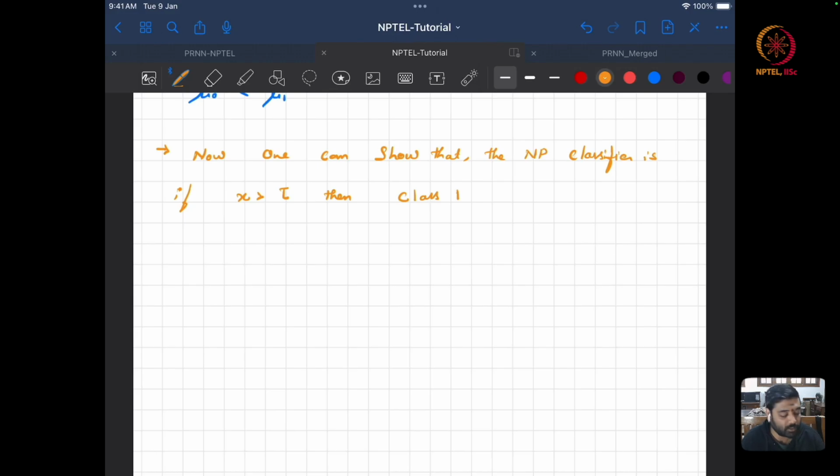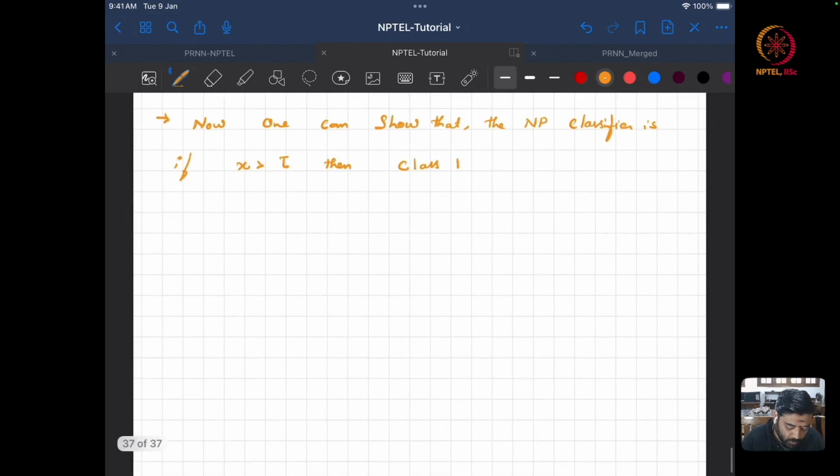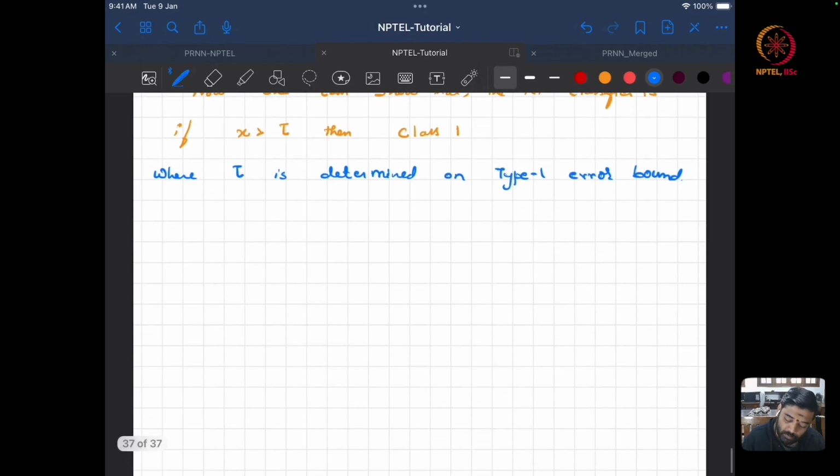Now, how do you determine this tau? Tau is determined by the bound on the type 1 error.